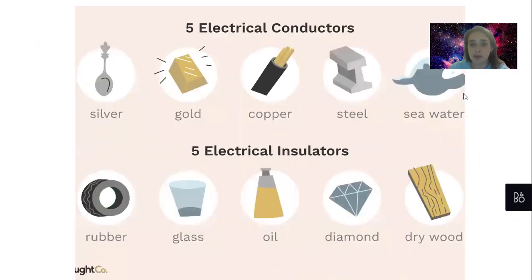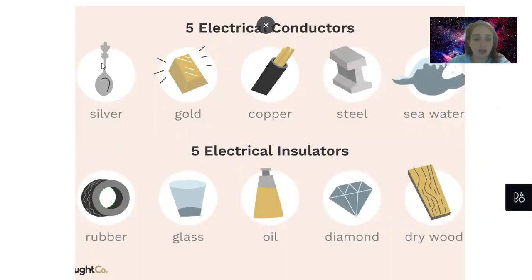More examples of conductors are metals, so silver, gold, copper, steel. Seawater is also a conductor. Water in general can be a conductor, so that's why it's really important to keep electronics away from water.